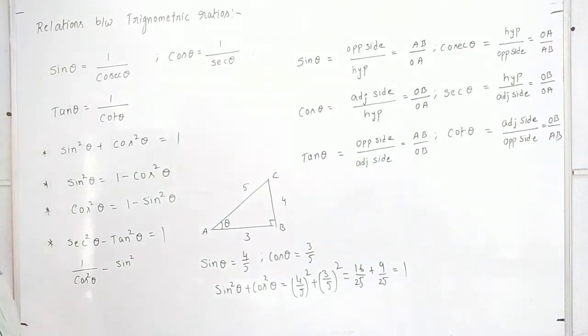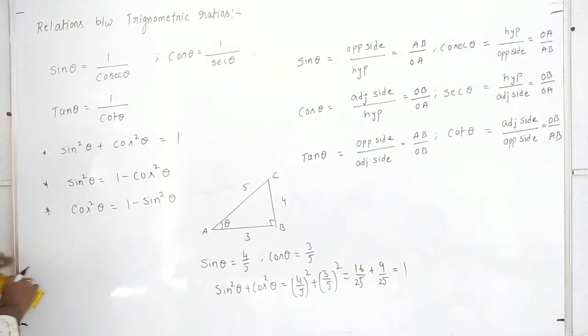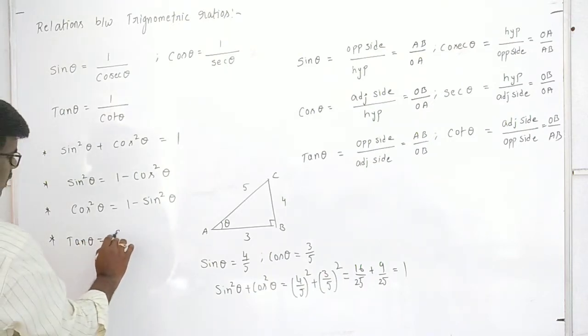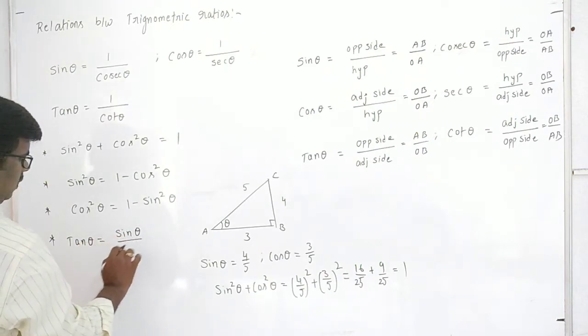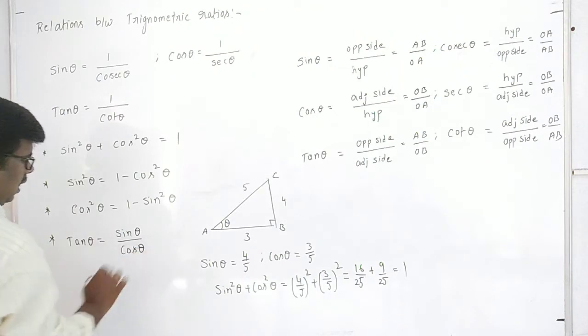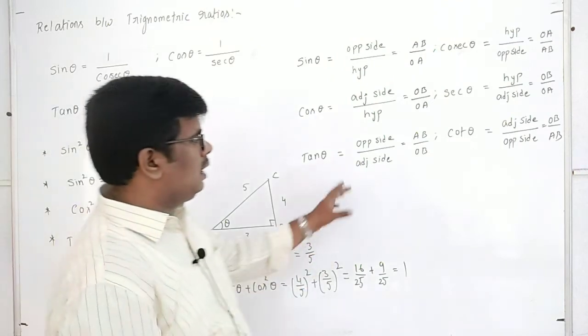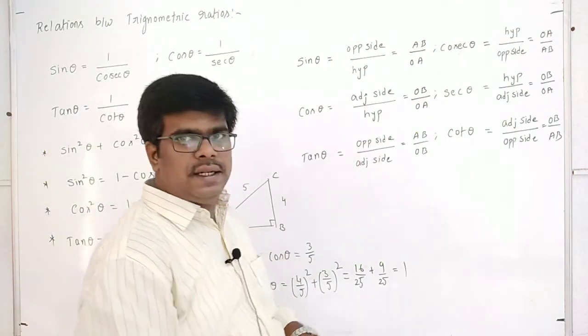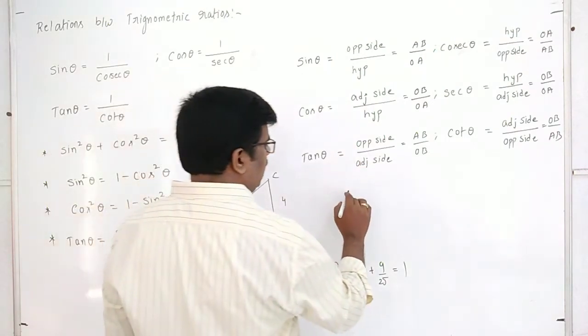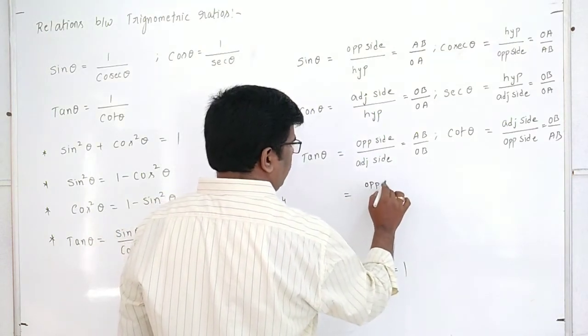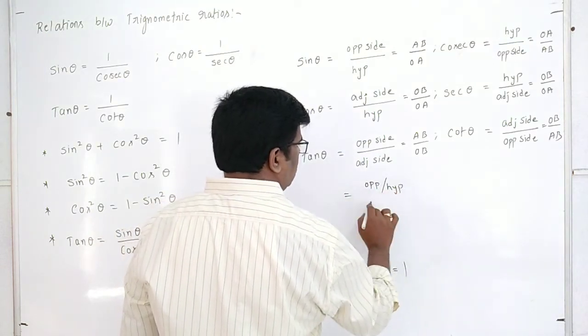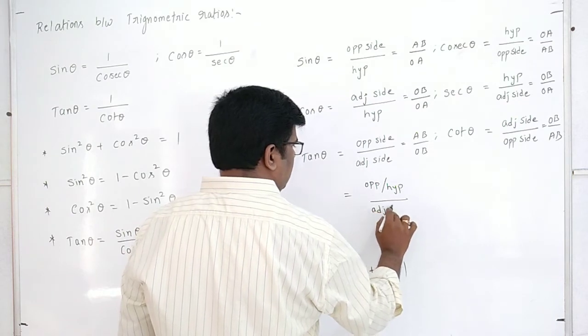So I will write the relation, first this one here. Tan theta is nothing but sine theta by cos theta. You can observe that tan theta means opposite side by adjacent side. This you can also write as opposite by hypotenuse and adjacent by hypotenuse.